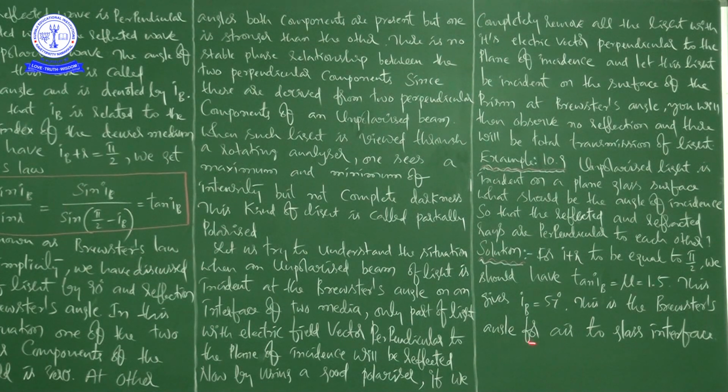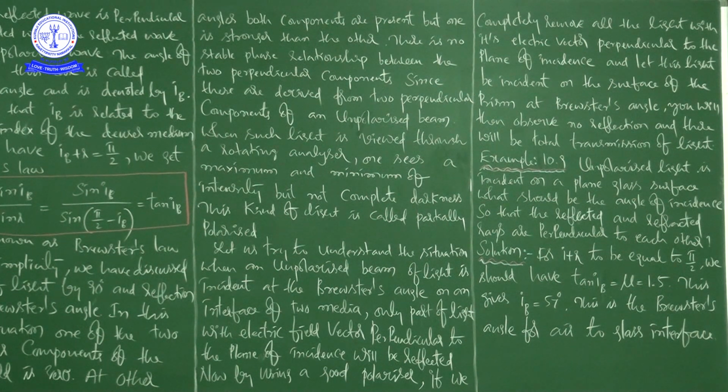So the angle of incidence at which the reflected and refracted rays are perpendicular to each other is 57 degrees.